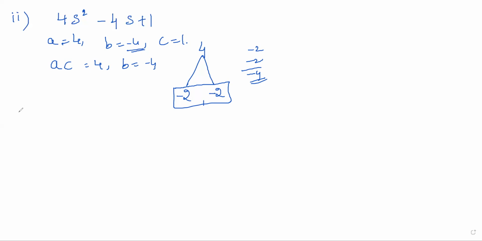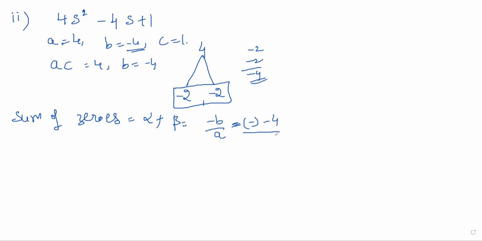And write the sum of zeros, that is alpha plus beta, is equal to minus b by a. First put minus as it is, children. Later on you write the value of b, otherwise you will get confused. What is b here?